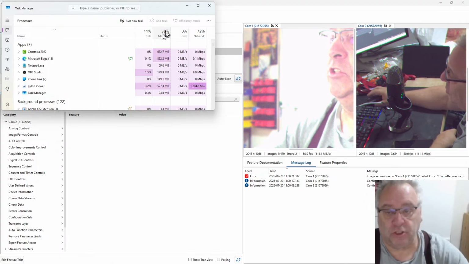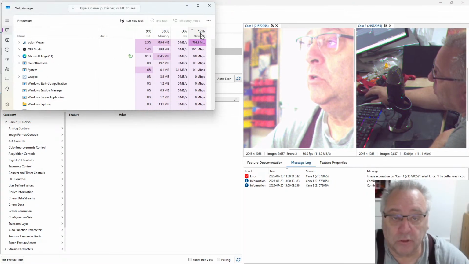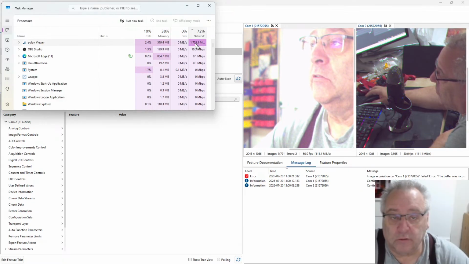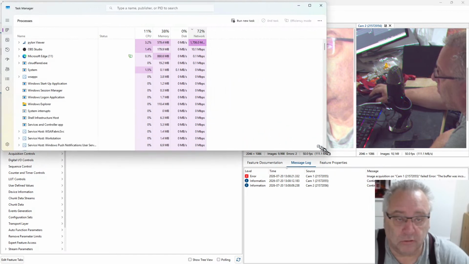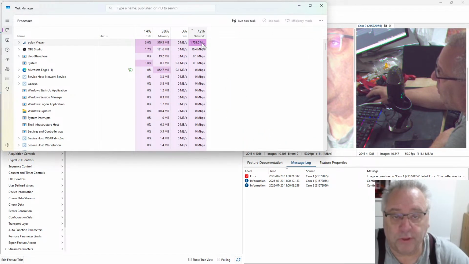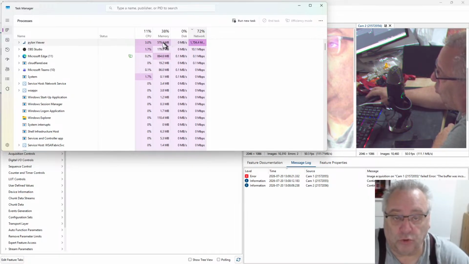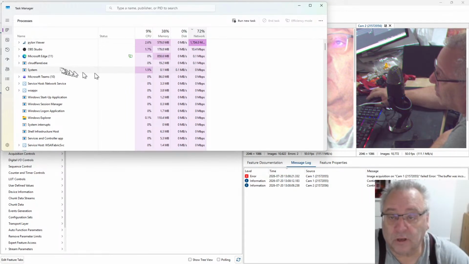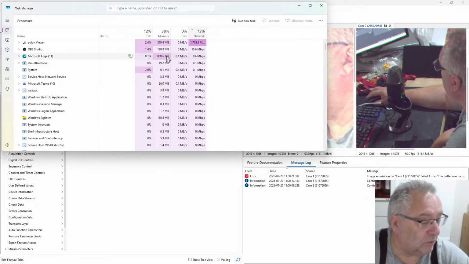You can see over here, if you select the network, that the Pylon viewer is actually using all that bandwidth, which was expected. It's also using most of the memory. Not most. I've got Cloudflare, I've got Microsoft Edge running, of course. I'm watching the stream myself.